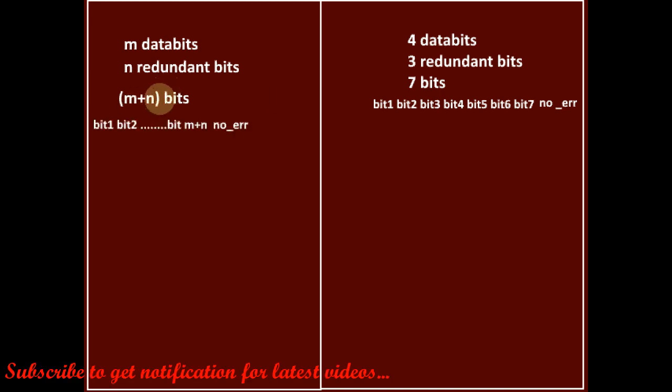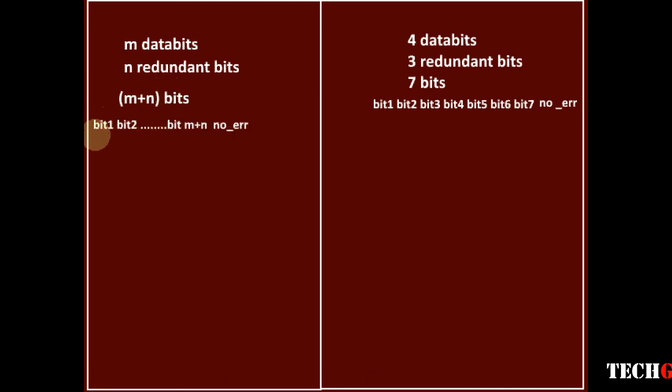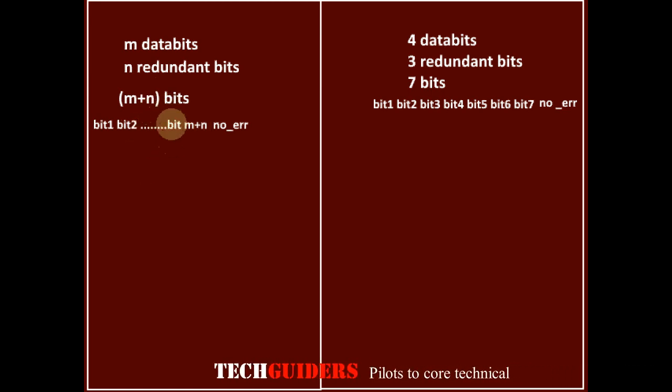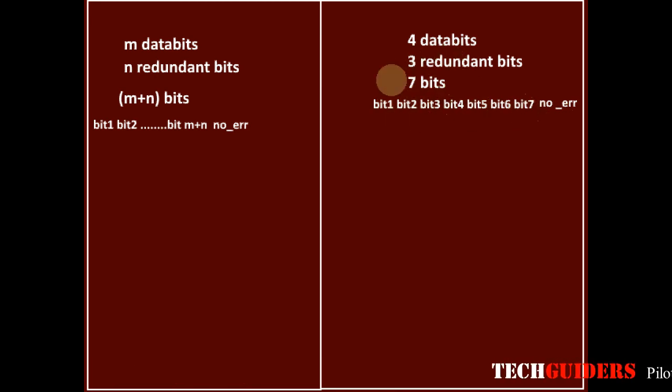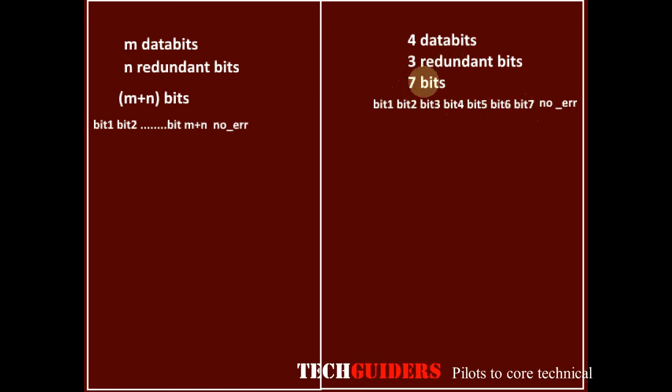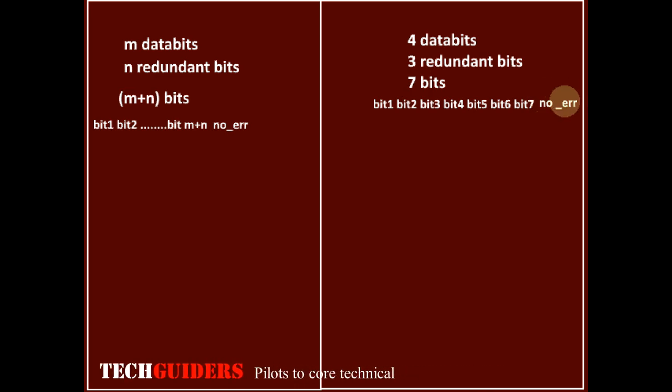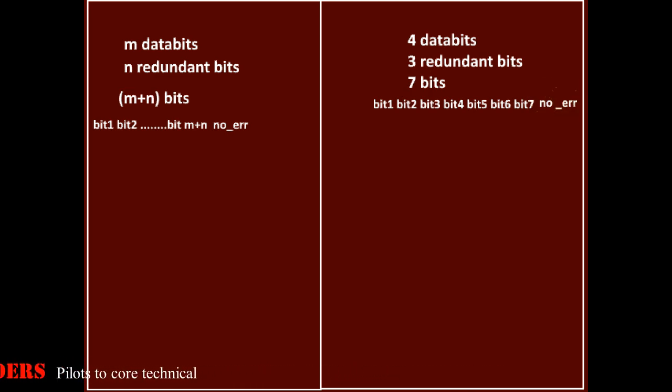Similarly, for m plus n bits, there may be error at bit 1 or at bit 2 and so on, and at last there may be error at bit m plus n, or there may be no error at all. So in total, how many cases do we have to consider? In this case, there may be error at one of these 7 bits, or there may be no error at all. Hence a total of 7 plus 1, 8 cases we have to consider.